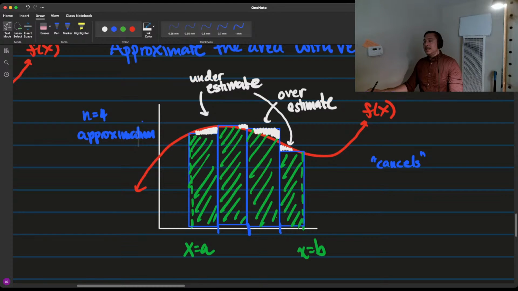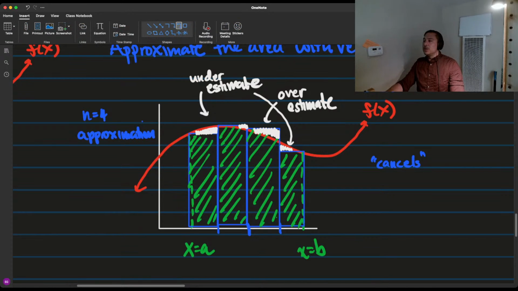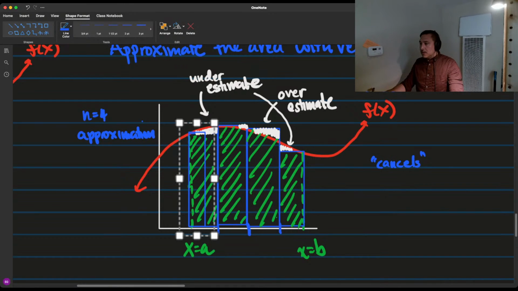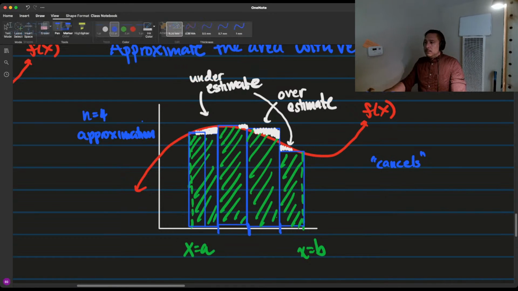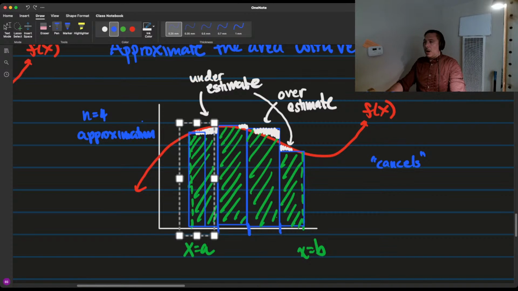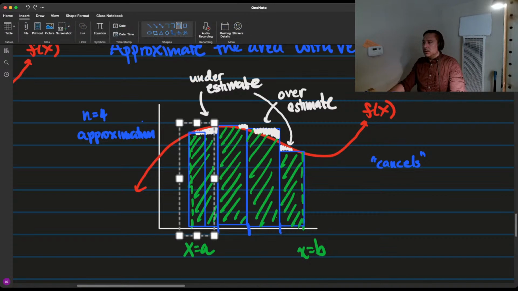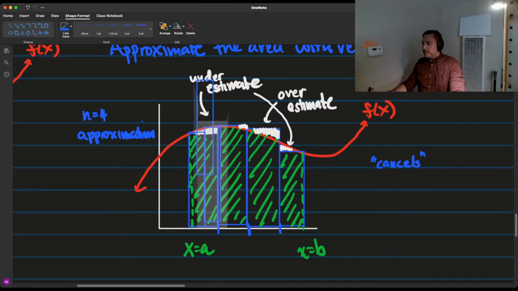And if you really wanted to fix this, what you could do is start making smaller and smaller rectangles. So I could make one like this. And then I can make another. I want another one. Sorry, that's my dog.